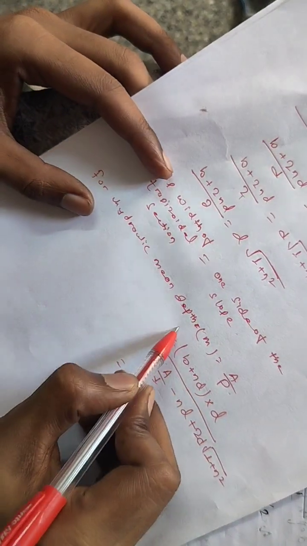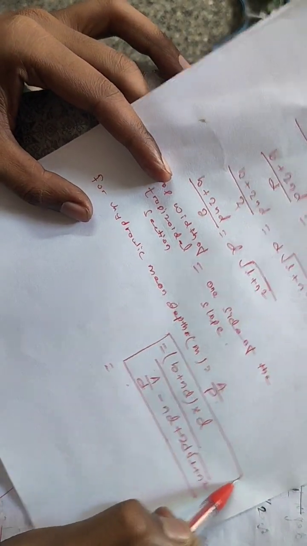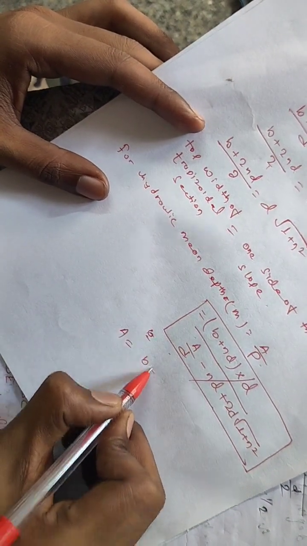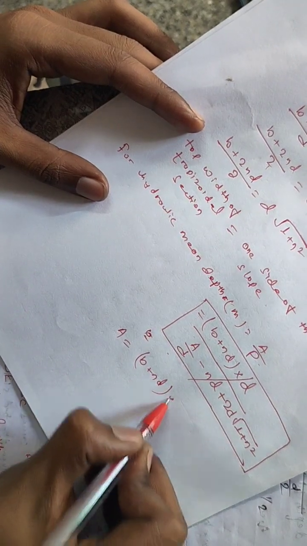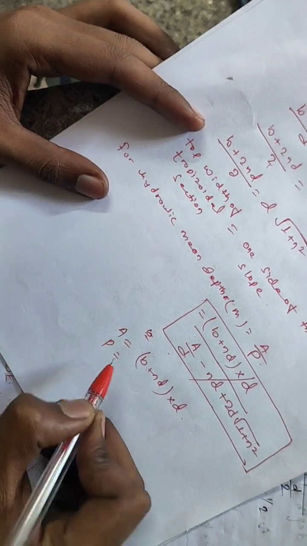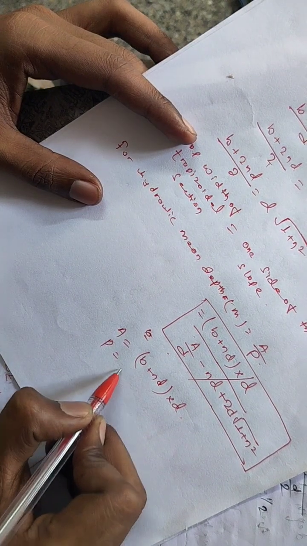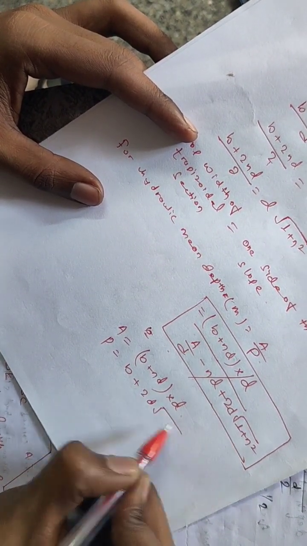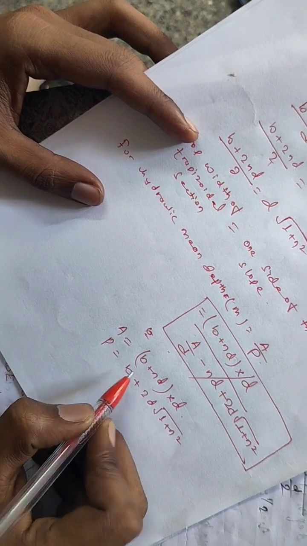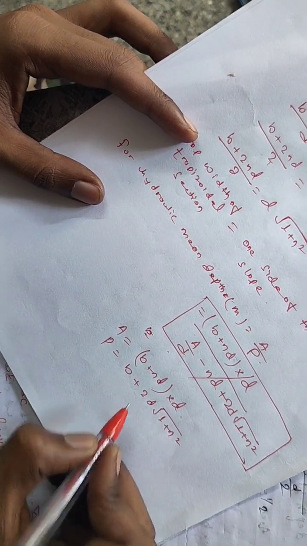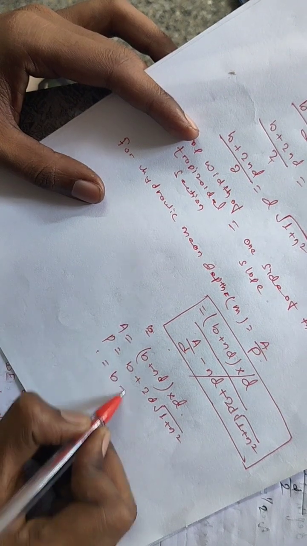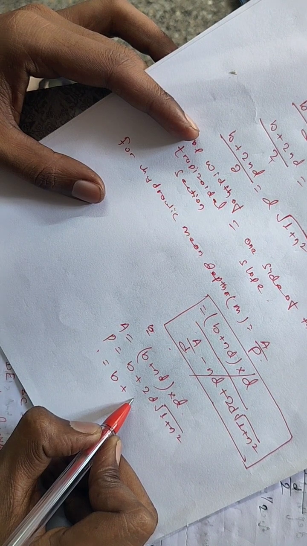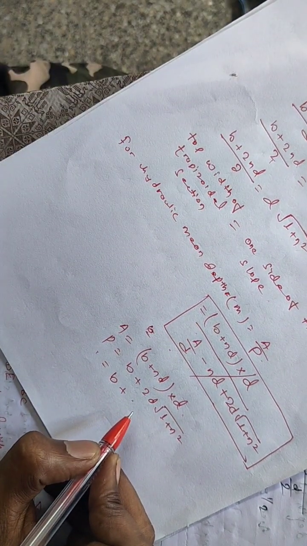We know that area is equal to B plus nD into D, and perimeter is equal to B plus 2D root under 1 plus n square, which is also equal to B plus 2D root under this side slope.